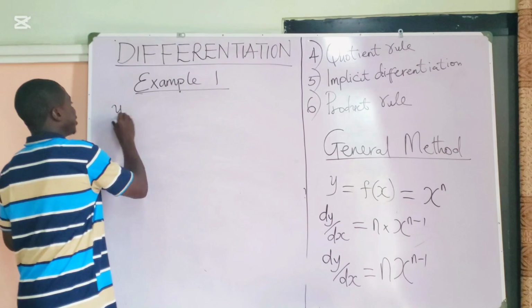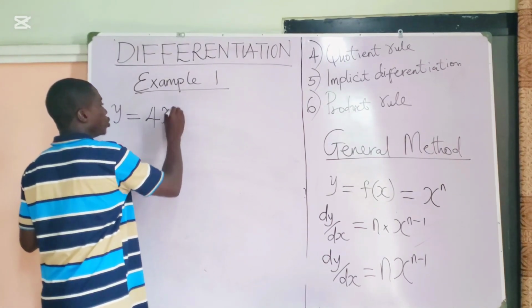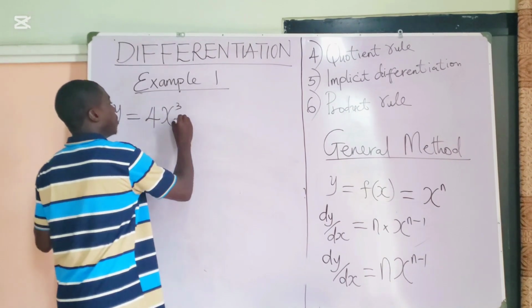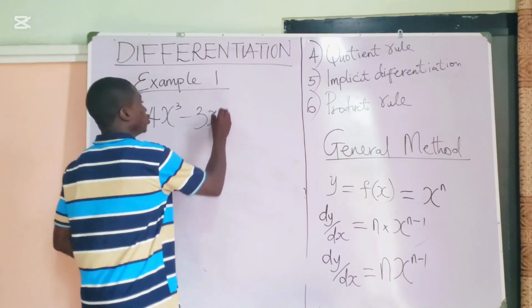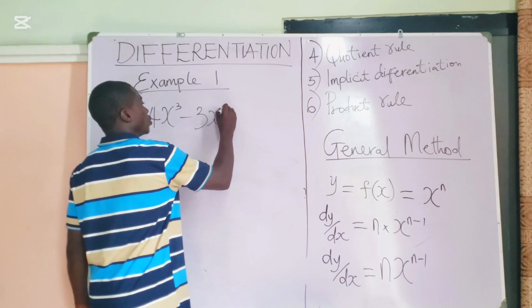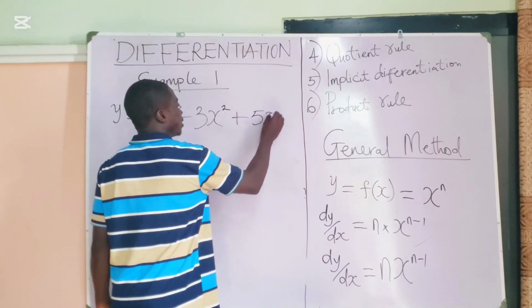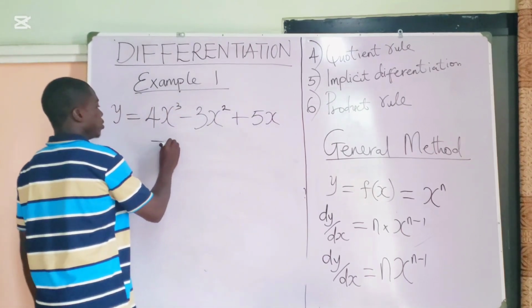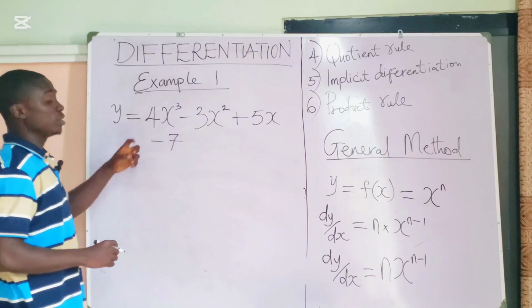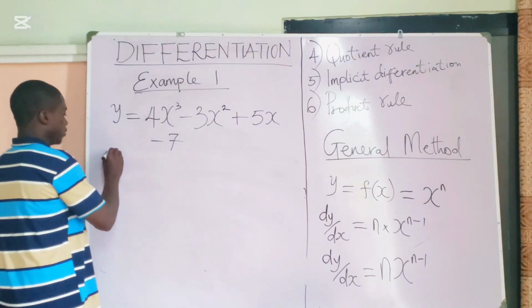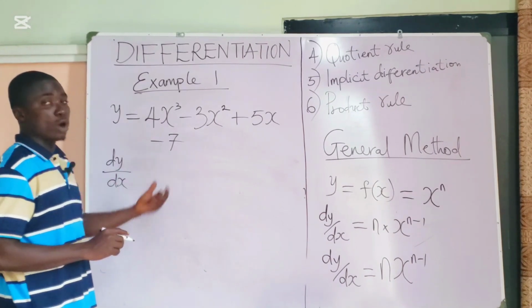If y is equal to 4x raised to the power 3 minus 3x raised to the power 2 plus 5x minus 7, and we are asked to differentiate y with respect to x, that means find dy all over dx. How do we go about it?